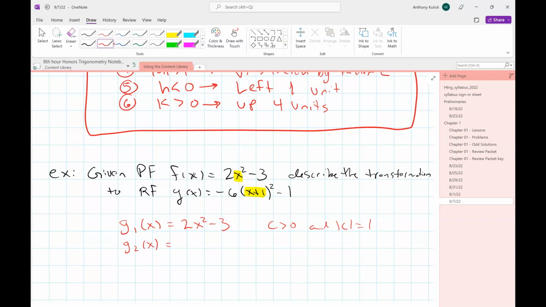The next thing we should be considering is the A. So if I look at the A, what has changed? Multiplied by negative 3, right? So far, so good.